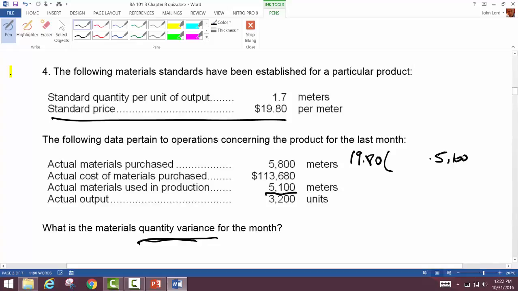So what goes over here? Standard quantity that should have been used, right? Okay, good. So what was the standard quantity that should have been used? Omar, you got that? You don't have to give me the number, just tell me how to set it up.